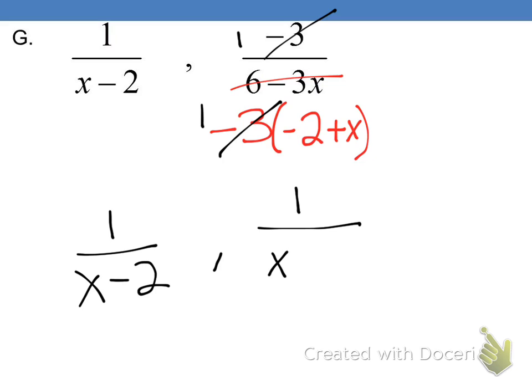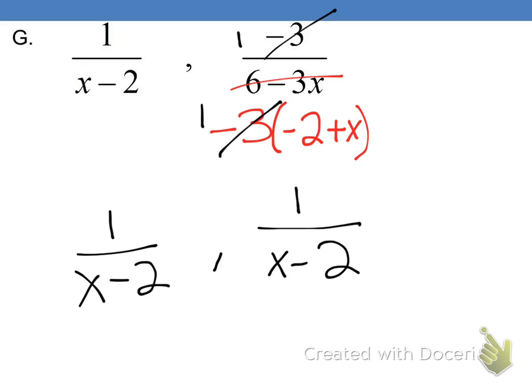So would that be the answer? Yeah, so this could be the answer. No, that's the answer. So would you just write that twice? Or could you just write it 1x minus 2? I would write it twice since you started with 2 expressions.